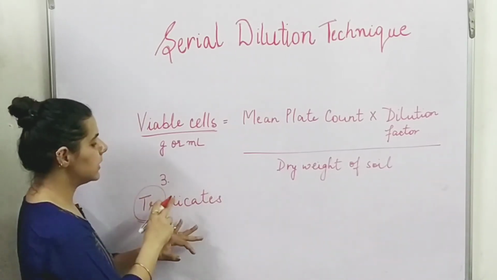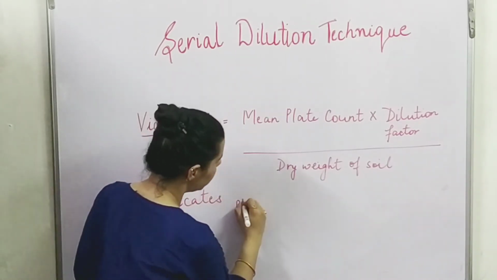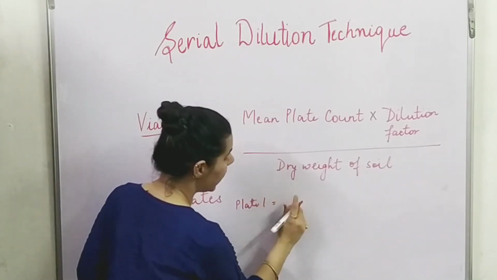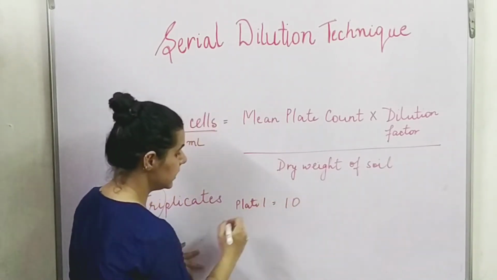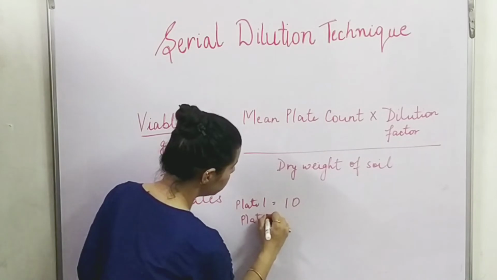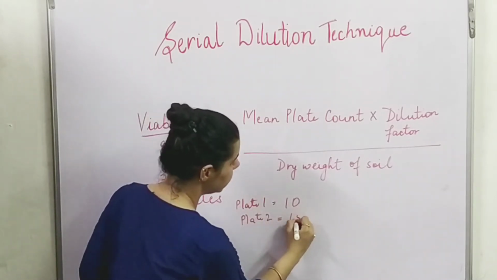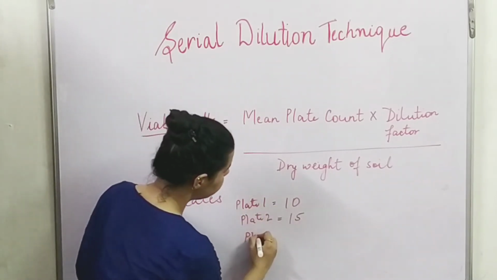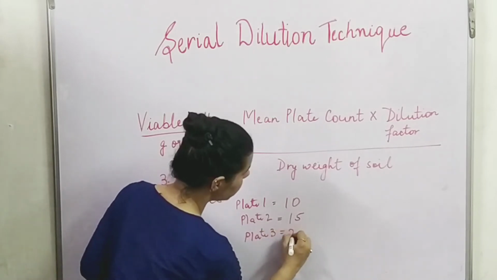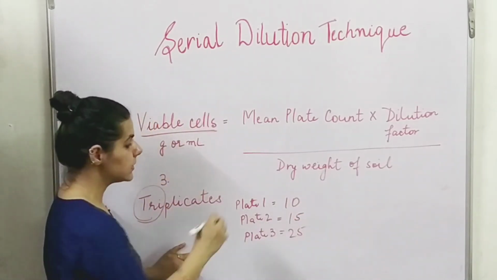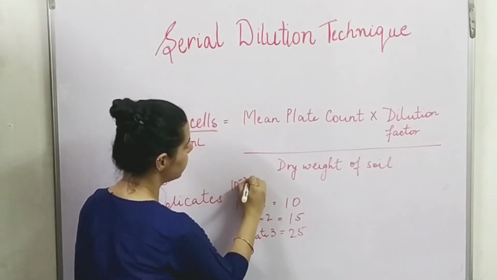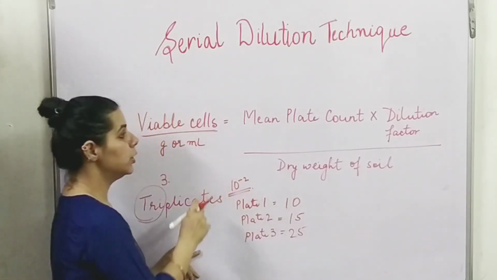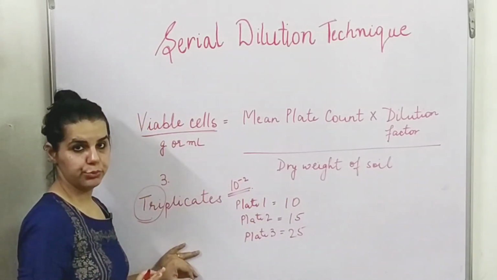So now let's say in plate number 1, you have 10 colonies. In plate number 2, you have 15 colonies. And in plate number 3, you have 25 colonies, just for the dilution 10 to the power minus 2, right?